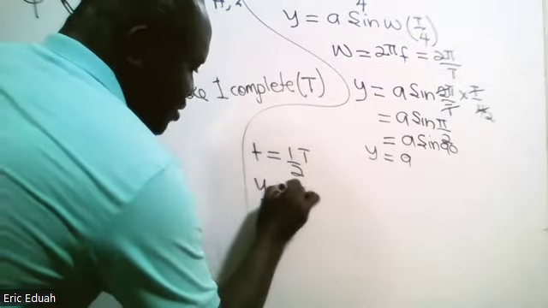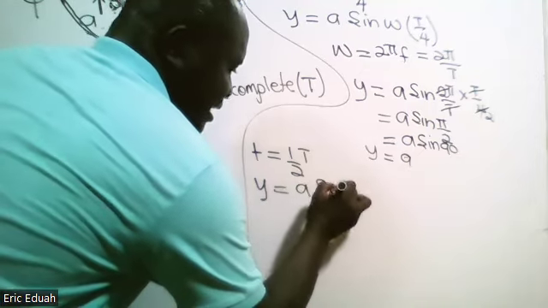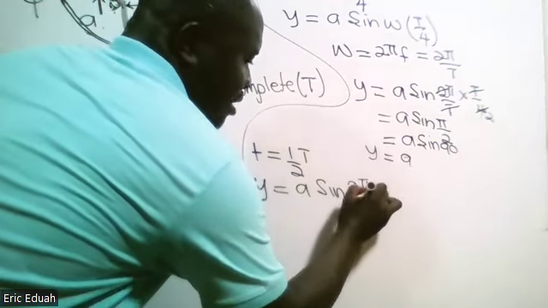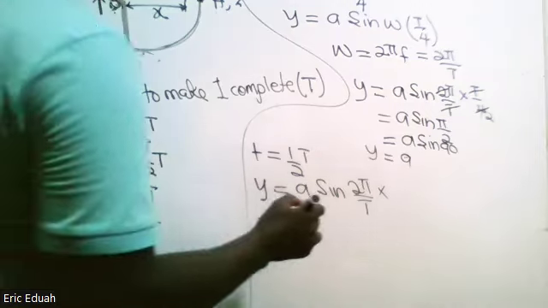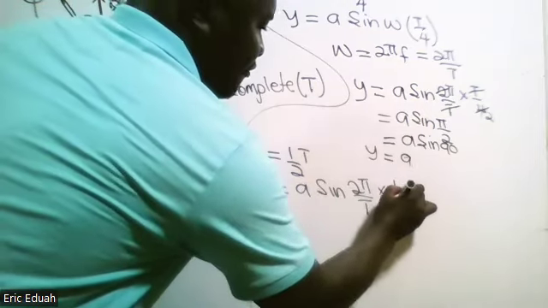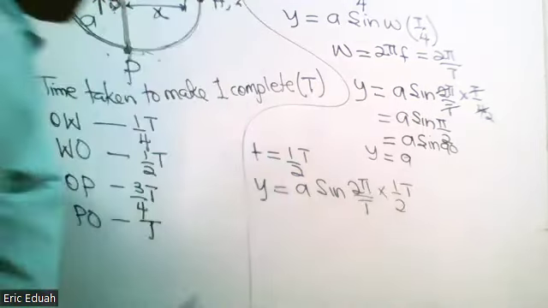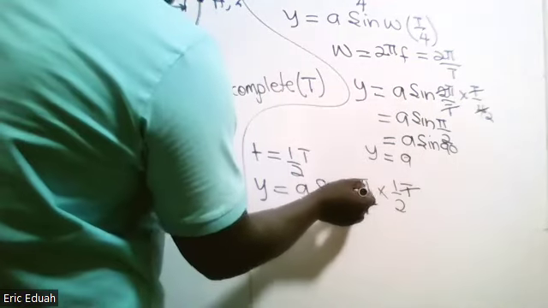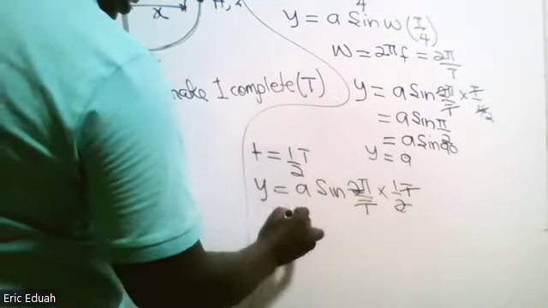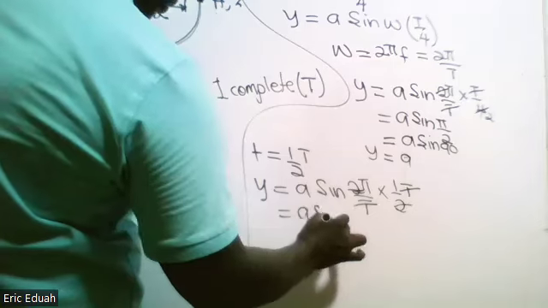So y is equal to A sine 2 pi on T times half of T. This and this cancel. A sine, you have pi.